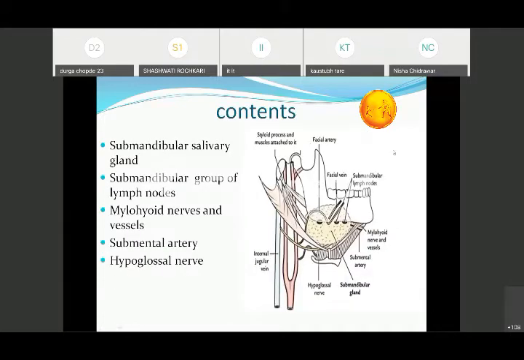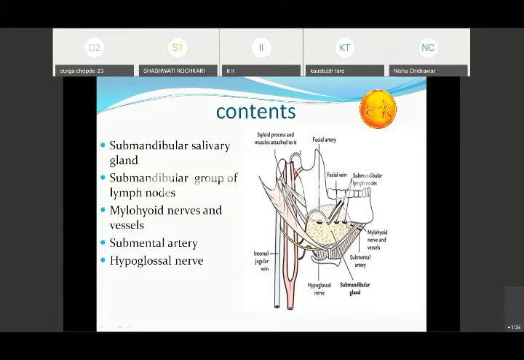So the content of this triangle, the main content I have already told you, that is the submandibular salivary gland. It is also called the submandibular triangle. Okay, the submandibular salivary gland with the submandibular group of lymph nodes.